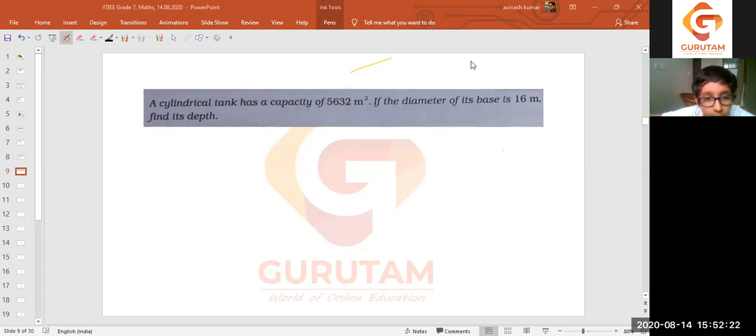A cylindrical tank has a capacity of 5,632 meter cube. If the diameter of its base is 16 meters, find its depth. Cylindrical tank has a capacity of 5,632 meter cube, so it can fit 5,632 into 1,000 liters.